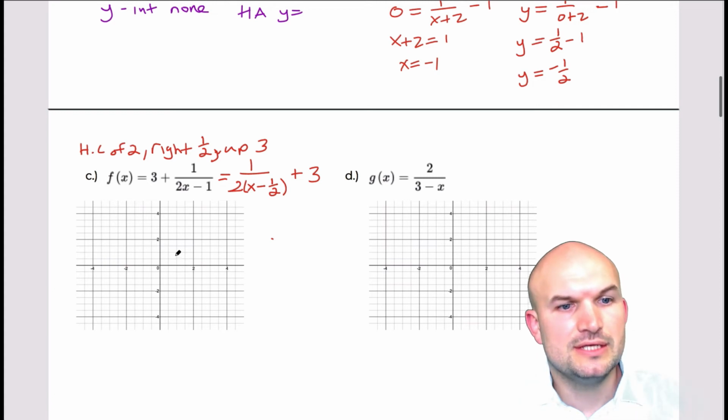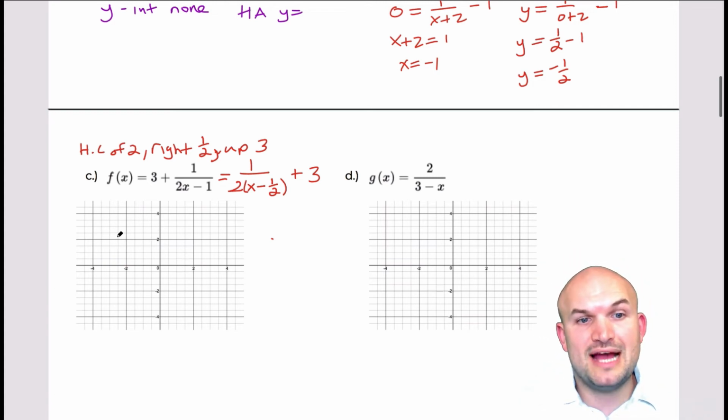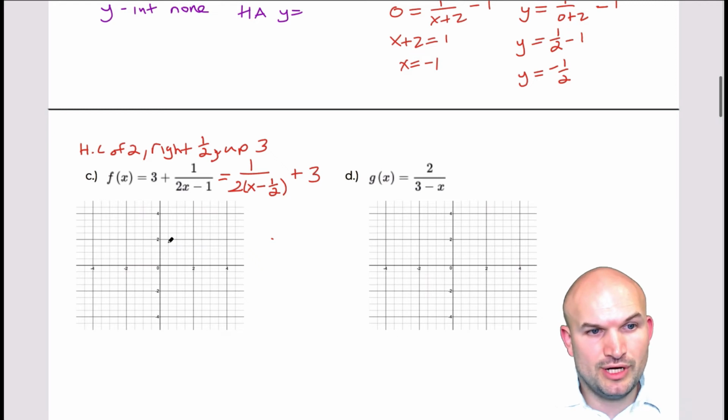All right, so let's go up to 3. What I'm going to do is redraw my asymptotes. So I'm going up 3, so I have a horizontal asymptote. Instead of it being at y equals 0, it's now y equals 3. My vertical asymptote is at, here's 1, so 1/2 would be right there.